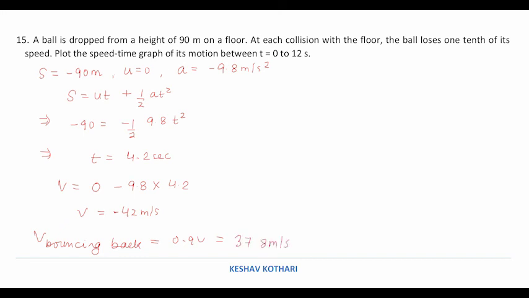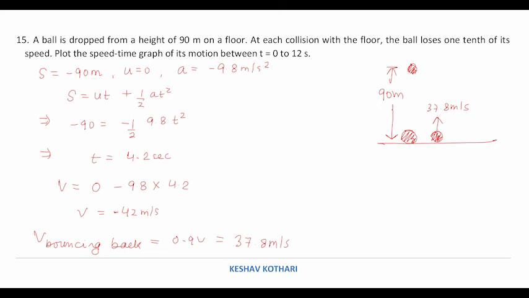So till this aspect, if we talk about the motion of the ball, the ball has fallen freely from the point of 90 meter mark and it strikes the ground over here at t equals 4.2 second, and after striking at 4.2 second, it is rebouncing back with a speed of 37.8 meter per second.